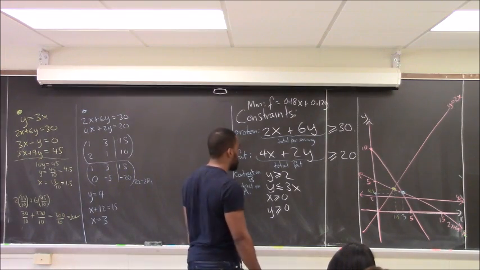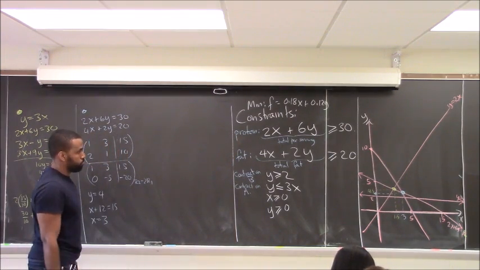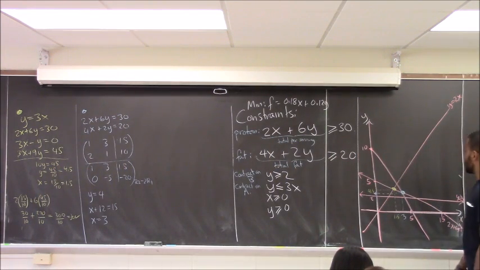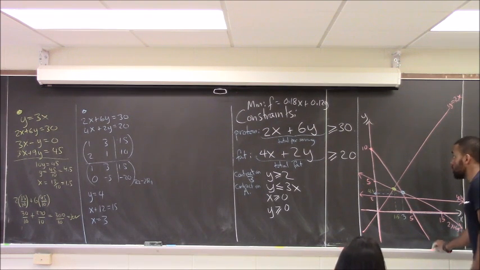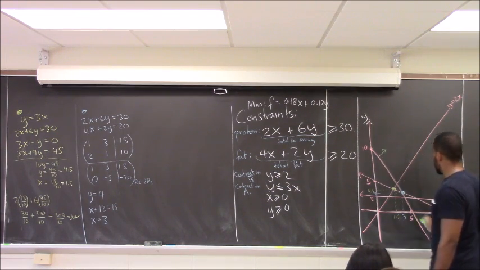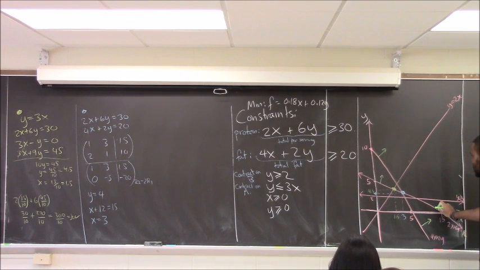Okay, so where is our feasible region? For these two, this here is 4x plus 2y. I want to be above this. I want to be above that. I also need to be above this, so all of those guys are pointing up.